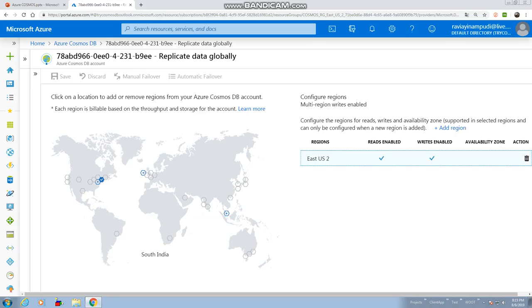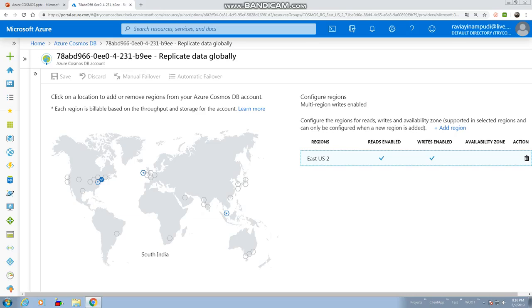This usually takes some time to replicate, and the time depends on the consistency level you choose here. We'll discuss the 5 consistency levels which Cosmos DB provides in the next few minutes.